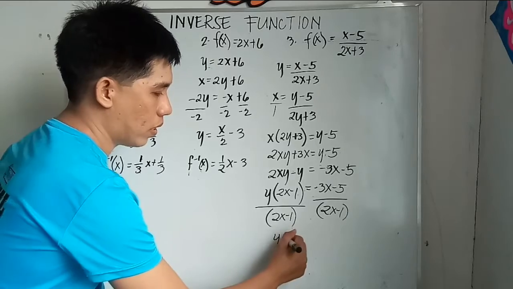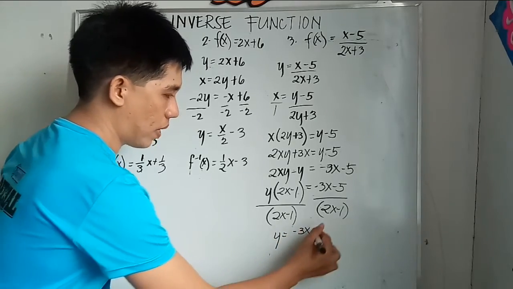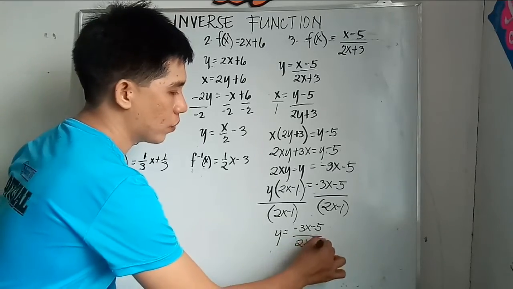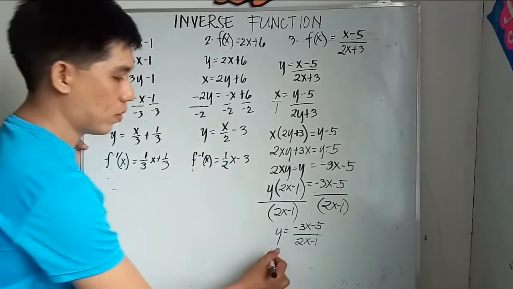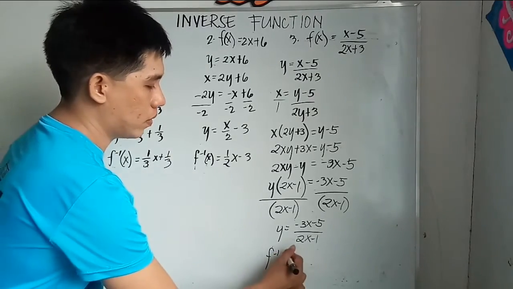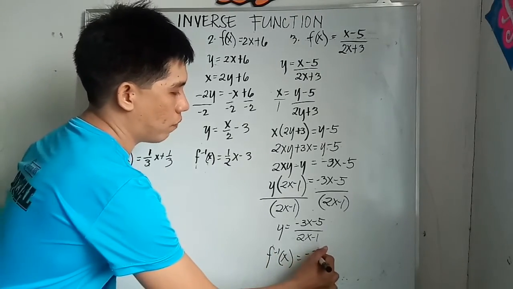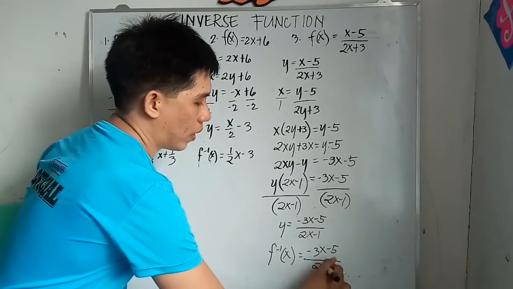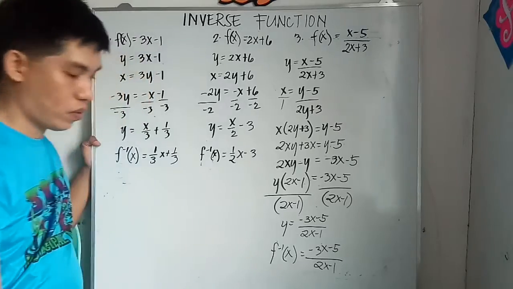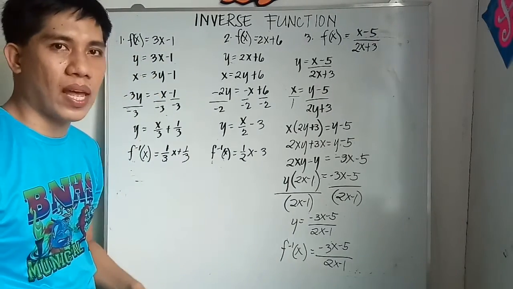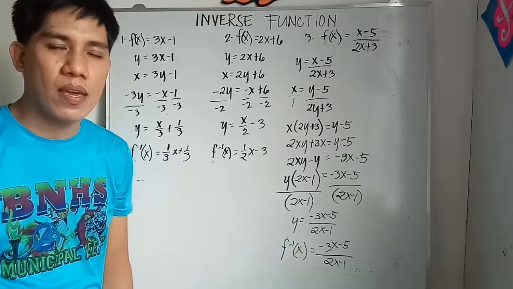So we have y equals negative 3x minus 5 over 2x minus 1. So last step, f inverse of x is equal to negative 3x minus 5 over 2x minus 1. Okay, so those are the processes on how to find the inverse of a function.